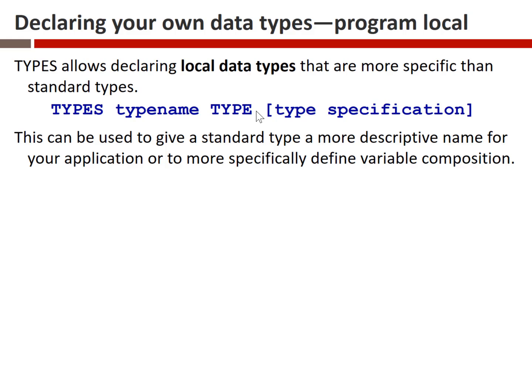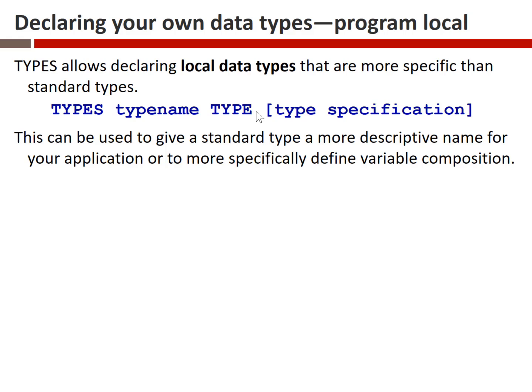For example, if I create a data object and I say DATA, I should be writing in all caps, DATA X, which would be a very poor variable name, but for the sake of illustration, I'll use it here, TYPE N, which is what?